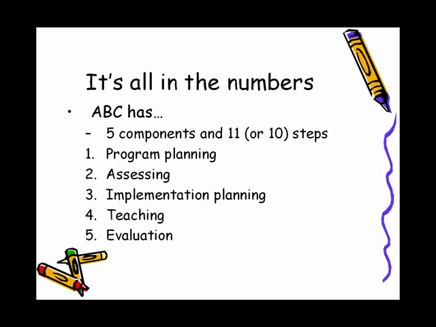Now the 5 components are program planning, assessing, implementation planning, teaching, and evaluation. These 5 components are linked to one another, or they are interdependent components. On page 67 of the book, they have a nice diagram, or figure, that shows how each one of these components is linked with one another.